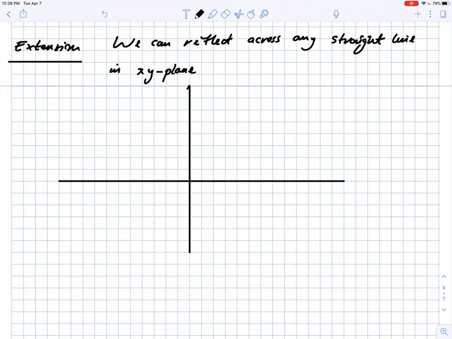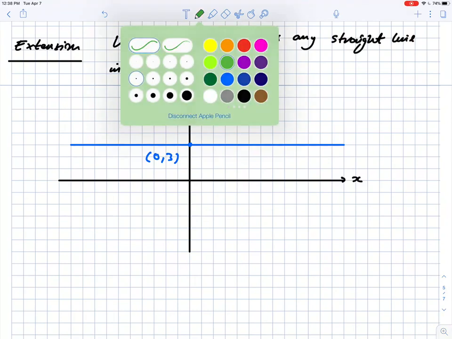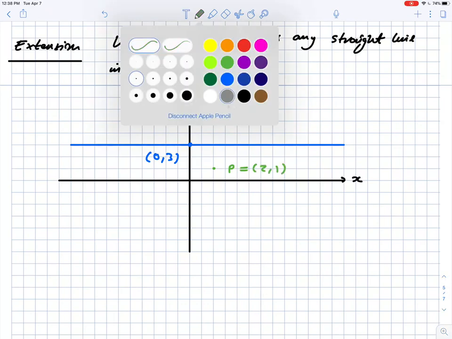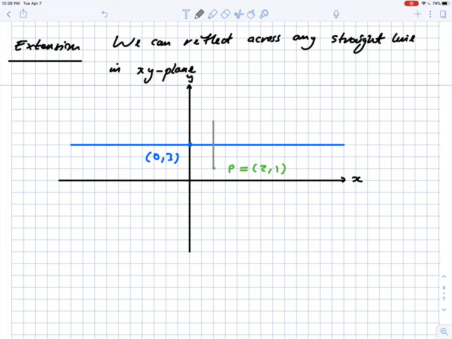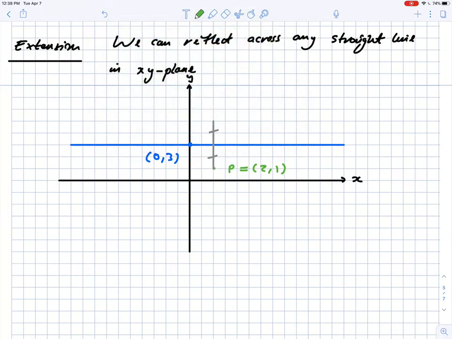So imagine I take this situation, so let's take the line which is flat here. We know what this is. This is 0, 3. So it's kind of height 3 if you want. So if I take the point, I don't know, P is equal to 2, 1 there, it still makes sense to reflect this across the line given by this flat blue line.